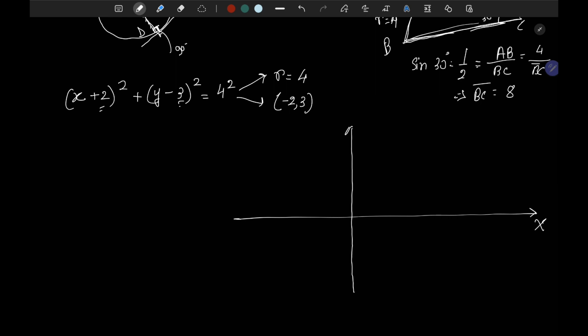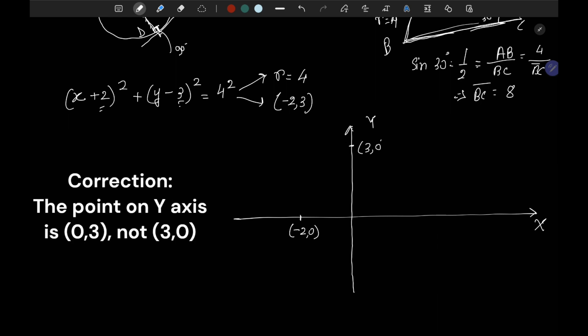This is your x-axis, this is your y-axis. Where is your minus 2? Let's say somewhere like this region. So this is your minus 2 comma 0. And where is your other point? That is 3 distance on the positive direction of the y-axis. This is your 3 comma 0.